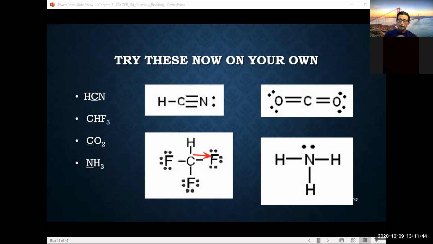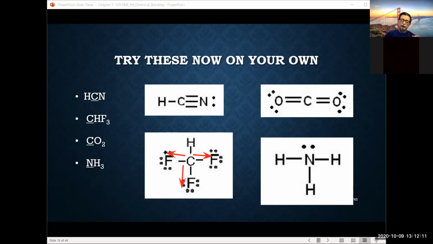And the trend was from left to right and bottom to top, the electronegativity increases. And so we can see with fluoride being much more electronegative, that bond between carbon and fluoride will not be shared equally, but it will be shared unequally toward the fluoride. In fact, that occurs for all three bonds and all three directions.